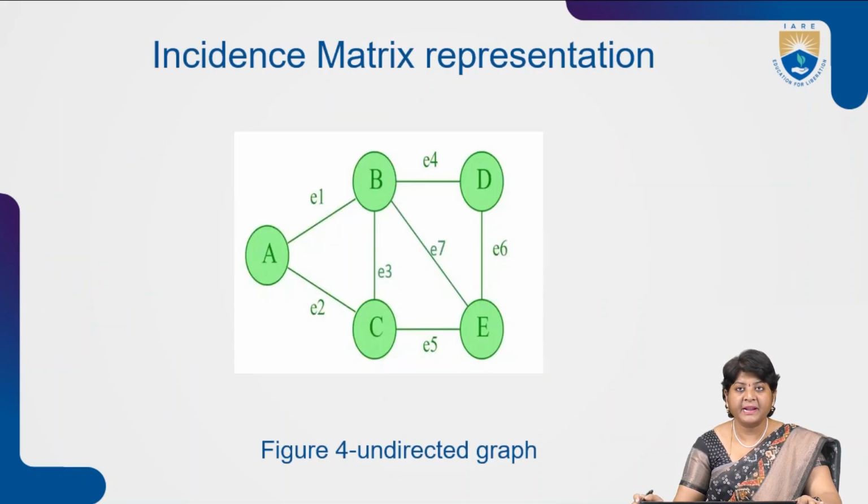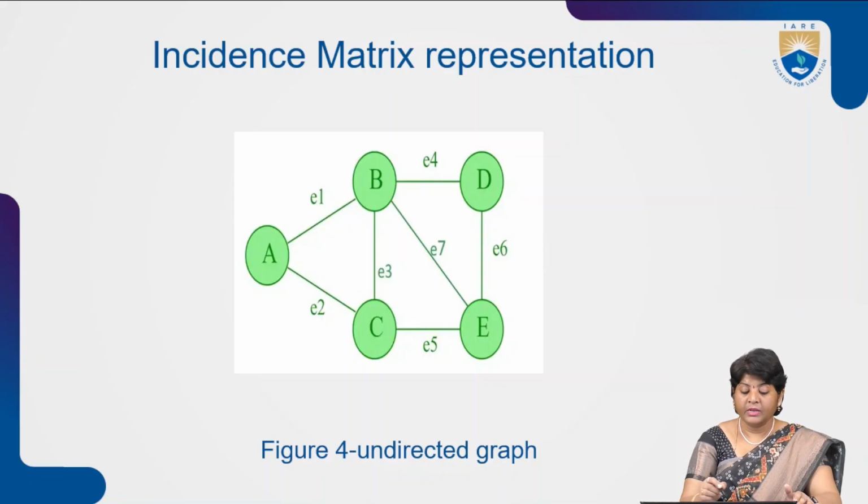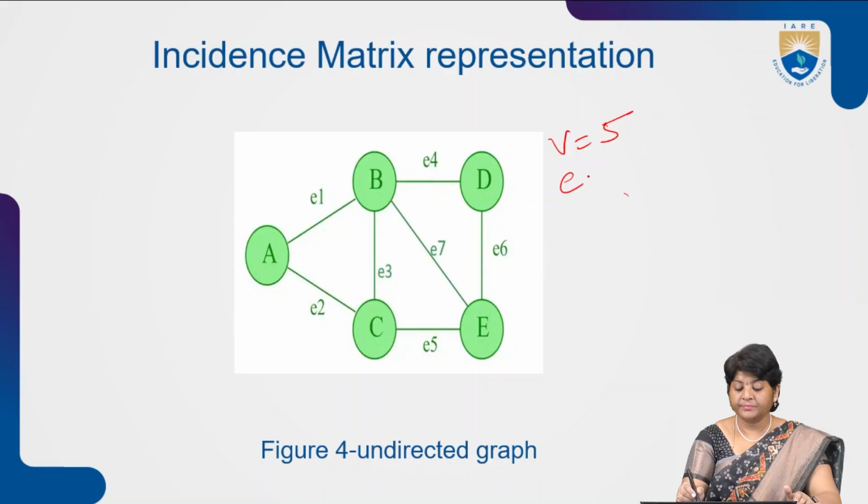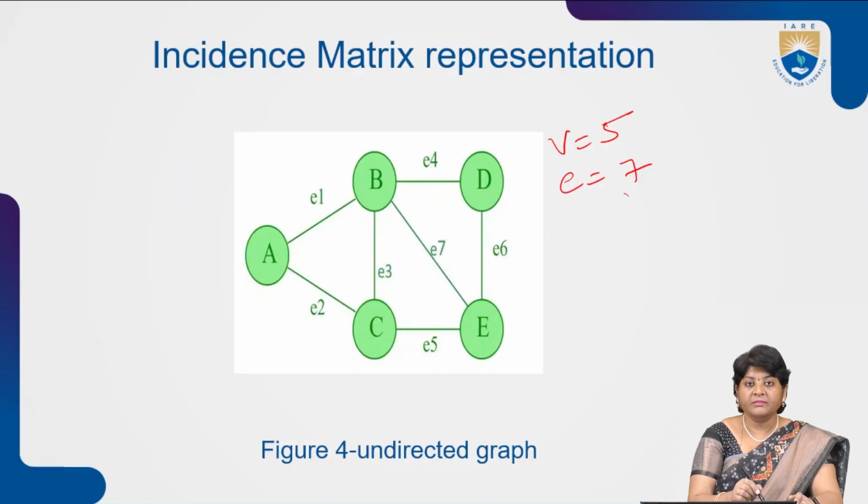This is an incidence matrix. For example, we take an undirected graph, and we will see how to represent the incidence matrix. So here they have taken 5 vertices and 7 edge connections. As per the explanation, the row indicates the vertices and the column indicates the edges.